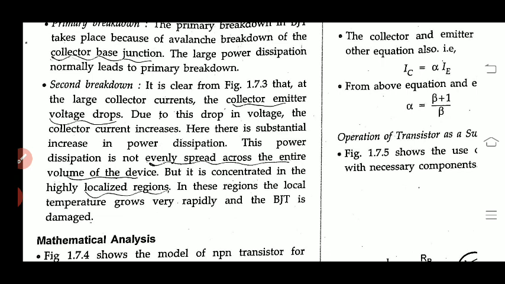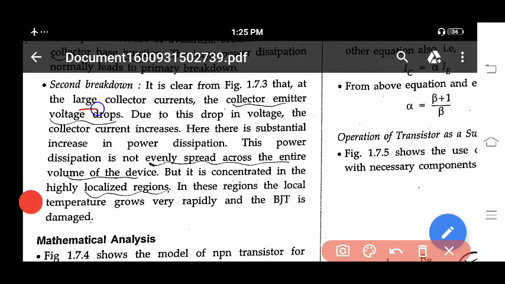Here you can have a large collector current, and a collector to emitter voltage drop takes place. Whenever it shifts into the saturation region, you will have a large collector current, then there will be a drop of collector to emitter voltage. I will show this in that particular graph.